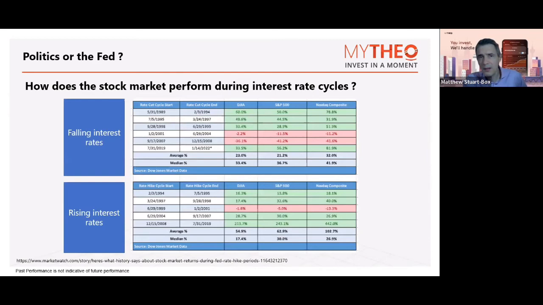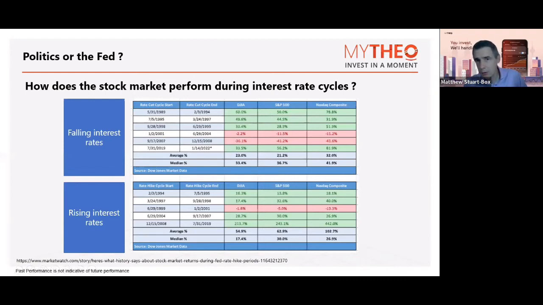There's a nice summary here that shows the returns of stock markets in falling interest rate cycles at the top here, and in rising interest rate cycles. They look simply at what the total return of the stock market was during each cycle.